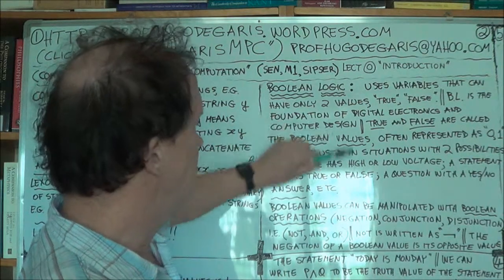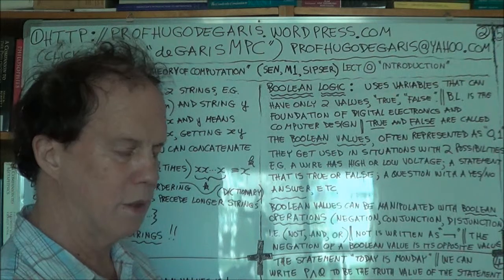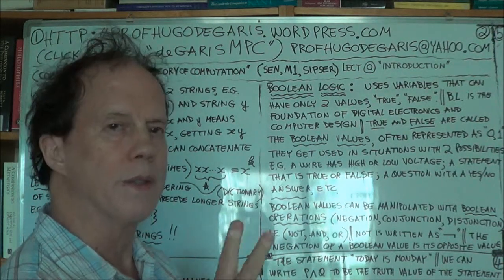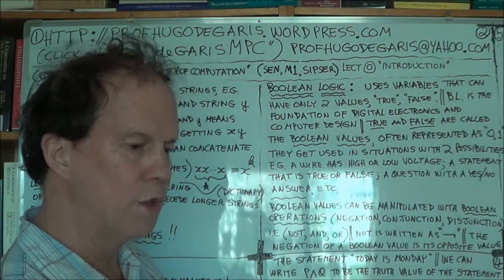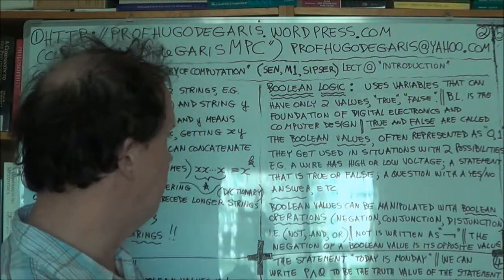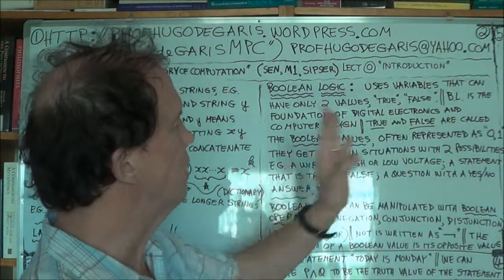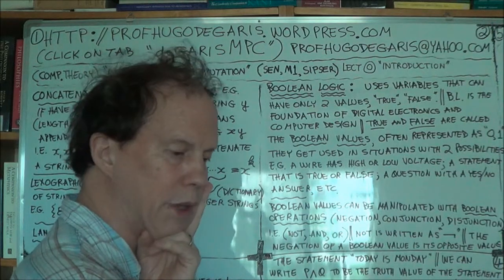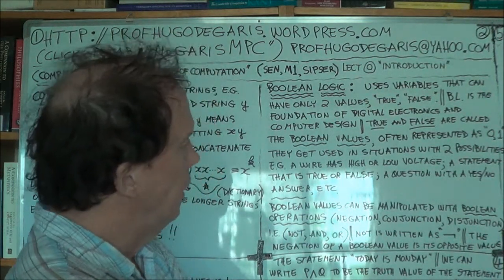So take some physical situation where there are two possibilities, and you can then use Boolean variables to describe that situation. Now that's a bit vague, I suppose, but with practice, you'll get the hang of using Boolean variables.